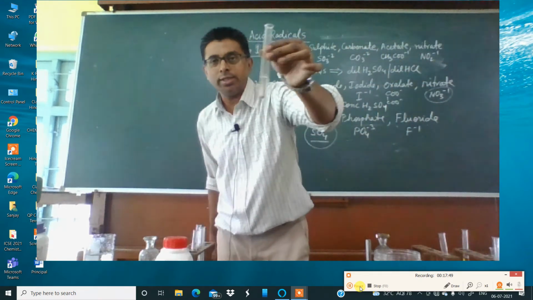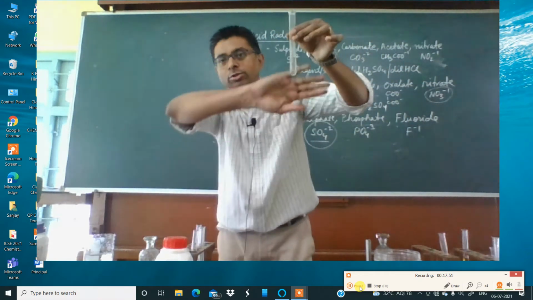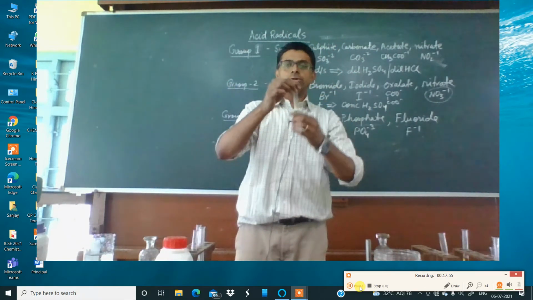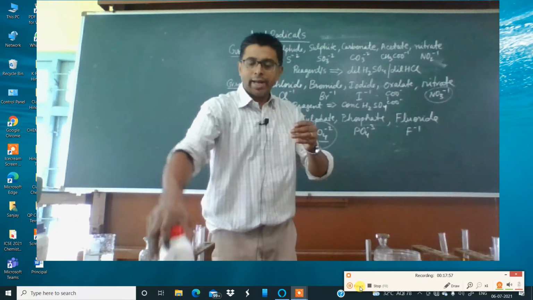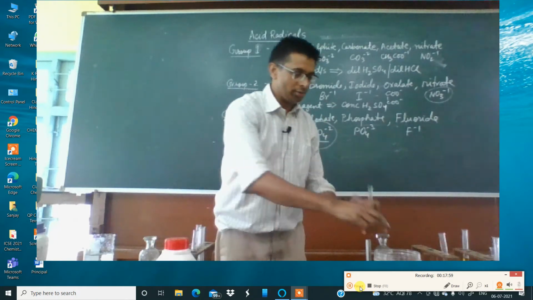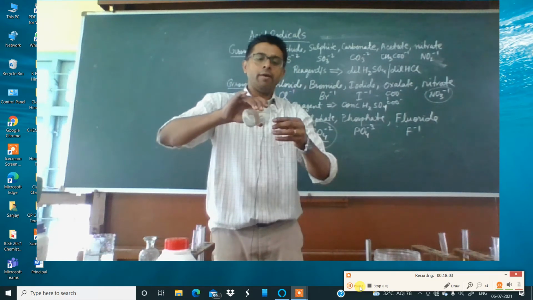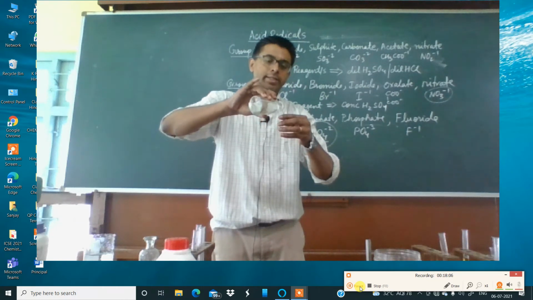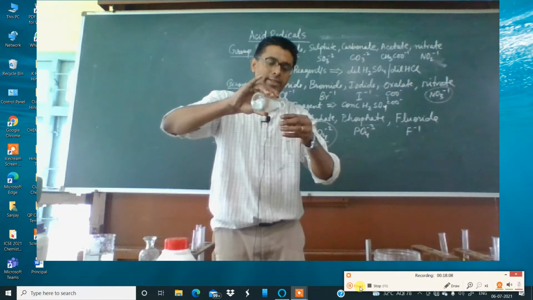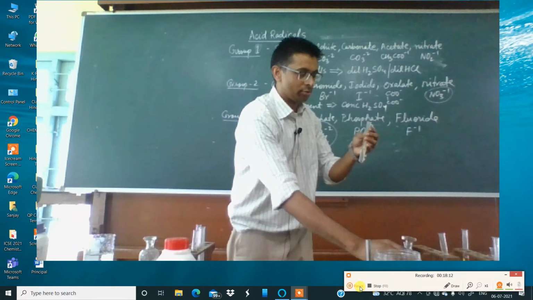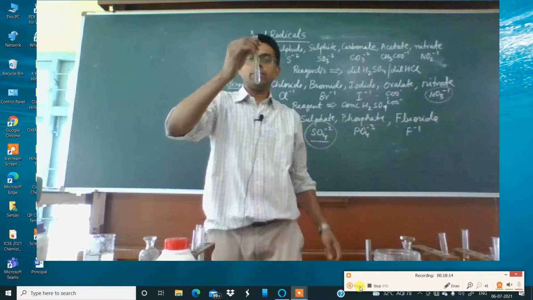You can see it is a transparent solution. Now to this transparent solution of zinc nitrate, I add a few drops of dilute sulfuric acid to acidify it. I need to acidify the solution. Okay, I added dilute sulfuric acid.